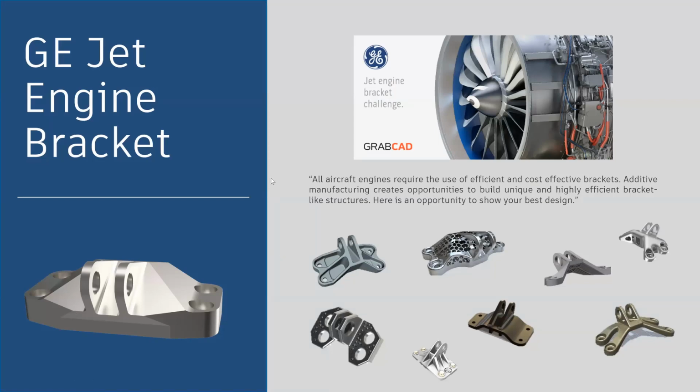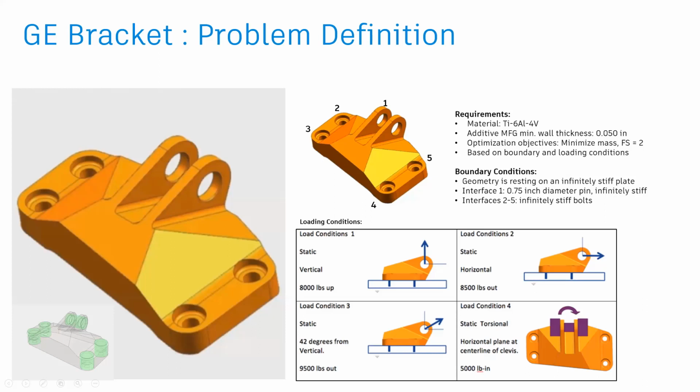Now let's articulate the problem. So what do I know about this bracket? The problem definition is, they wanted to come up with a newer shape or the newer design of this bracket, which is considerably lesser in weight.